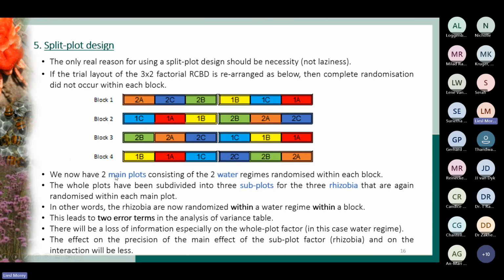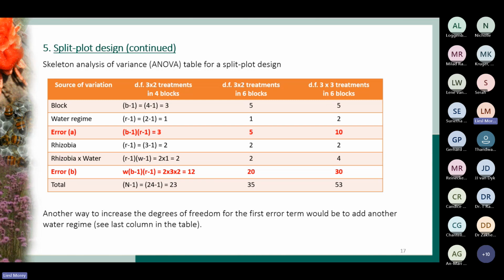So now we have 2 main plots, which is our water regimes, and within each one of those whole plots, we have our 3 subplots, which is the 3 rhizobia. Because rhizobia are randomized within water and water is randomized within a block, we now have 2 error terms in the analysis of variance.